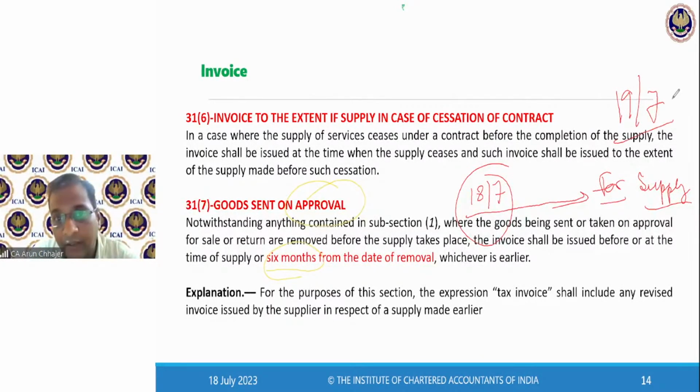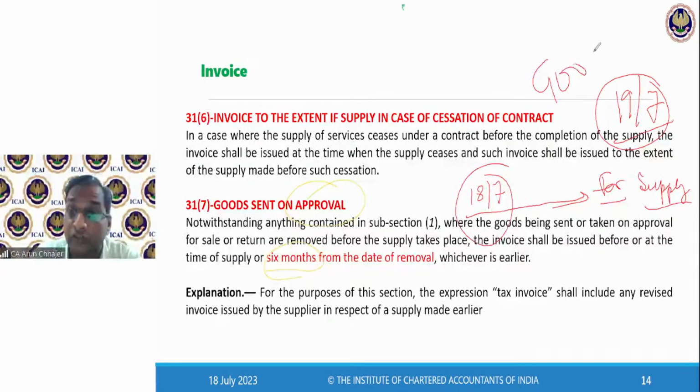Can you please tell me what is the last date to issue the tax invoice if the goods are removed on 18th and reach the customer on 19th July? The transaction is of goods. What is the last date to issue the tax invoice?